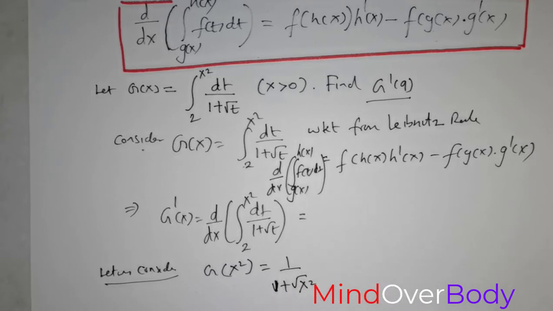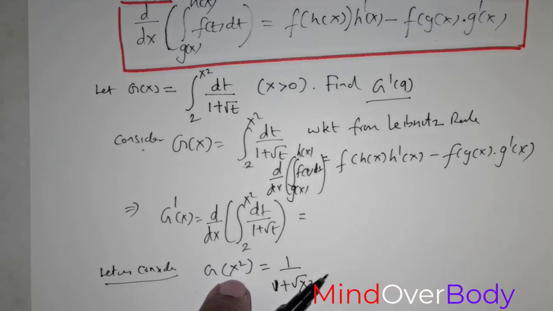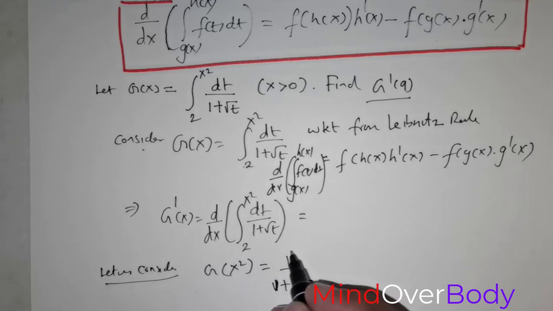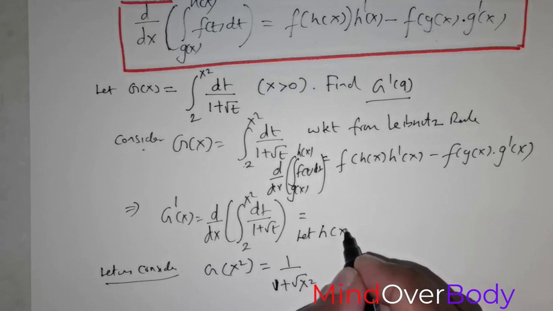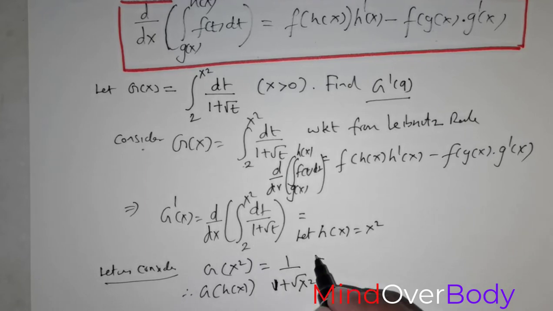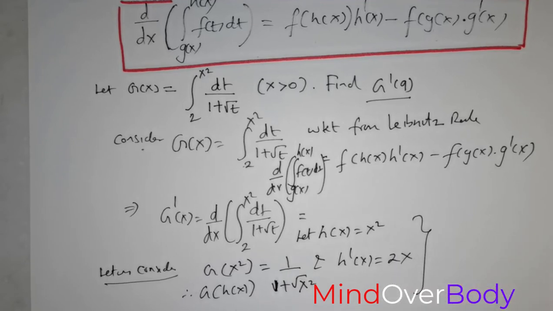This is one value, and then we have to find out the differential of this quantity. So let h of x be equal to x squared, and this is going to be f of h of x. Therefore f of h of x is this, and h dash of x is equal to 2 times x. So this is one side.